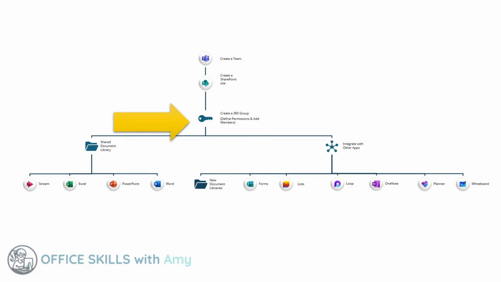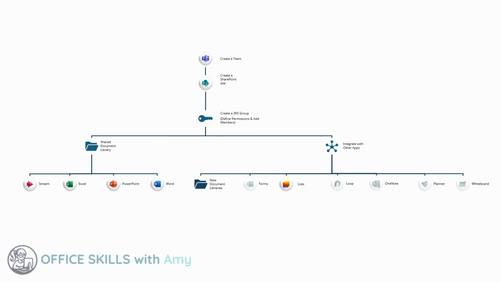And creating a team or site to share your content is really an effective way to collaborate with your team members because everything that is integrated with that 365 group inherits the permissions of the 365 group. So everyone is going to automatically gain access to that content.